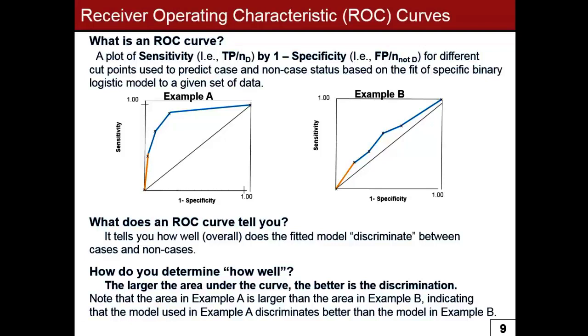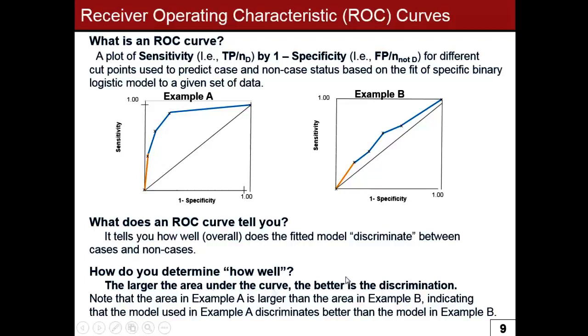The general idea is we can use this picture and something called the area under the curve, which is, surprisingly, literally the area under the curve, and which quantifies the visual. So you can look at the picture and the area under it, and together they tell you, in a Gestalt kind of way, whether this is a good model for prediction. The larger the area, the better the discrimination.